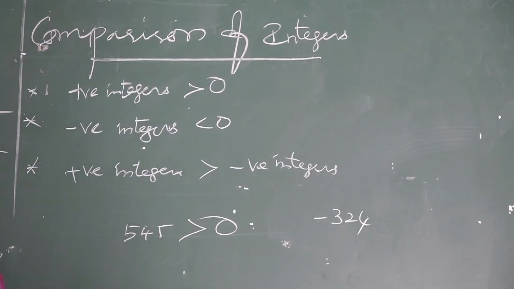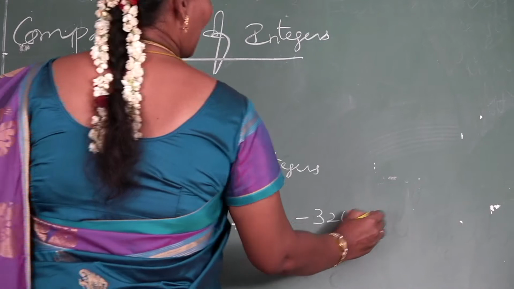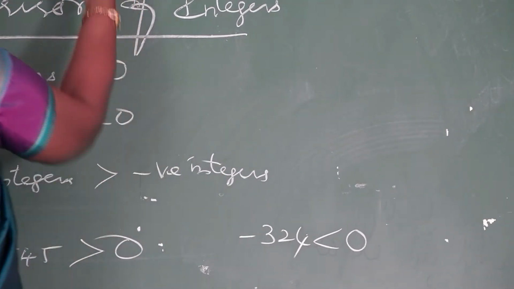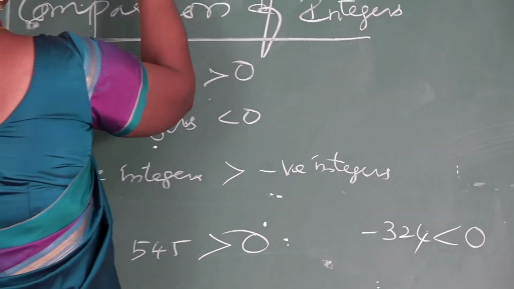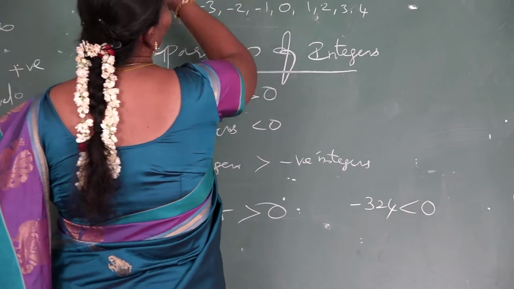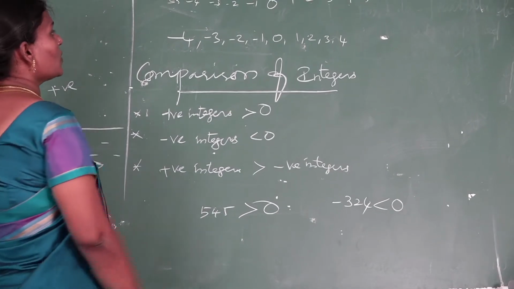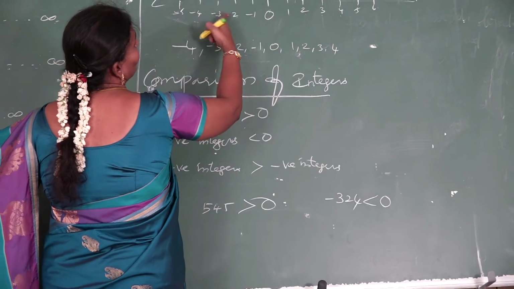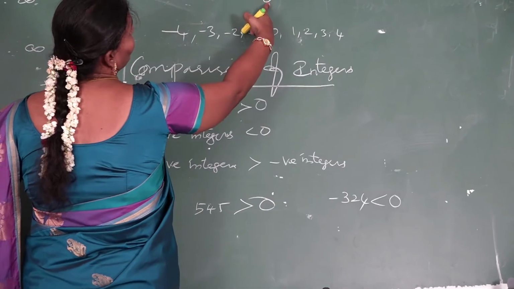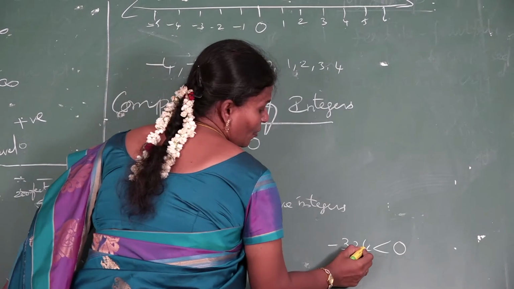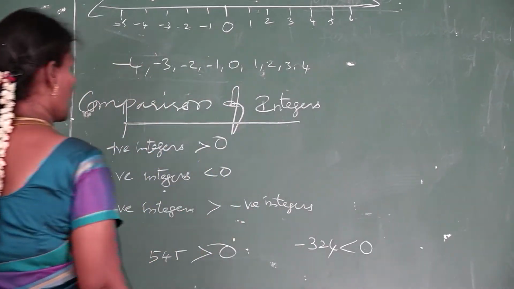This is less than 0. Because in the number line, the negative numbers are on the left side of the 0. So the left side of the 0 gives smaller numbers. Comparing with 0, these are smaller. So minus 325 is less than 0.